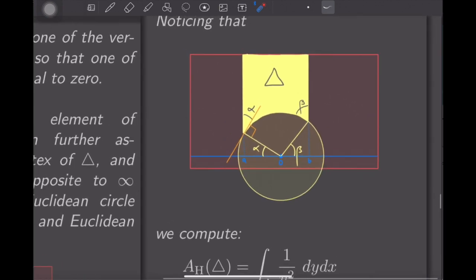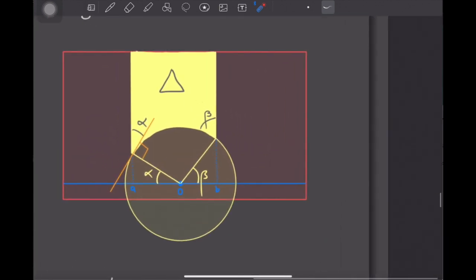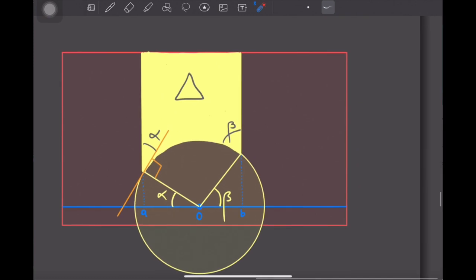Now, once we have done that, we notice, like we did last time, that these angles alpha and beta, which really are the angles that this side forms with the tangent to this side at this point, and similarly for beta, although for beta it's not drawn, are equal: this angle alpha is equal to that angle alpha, and this angle beta is equal to that angle beta, like we proved last time.